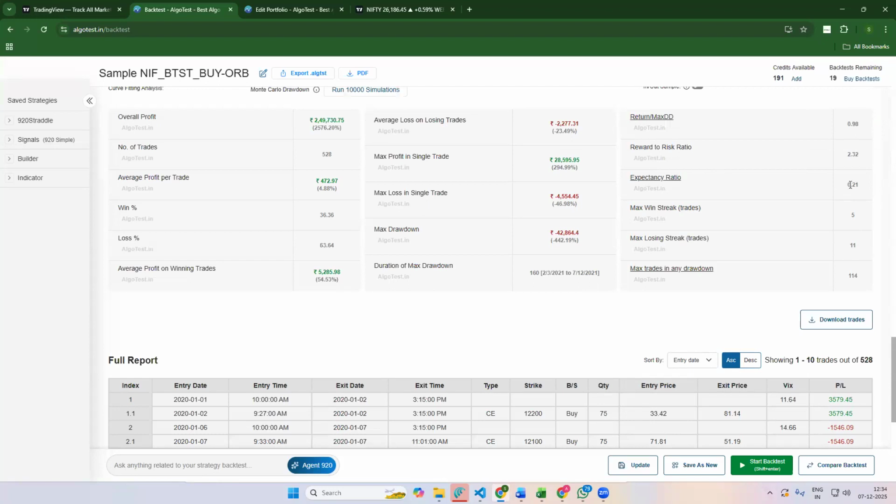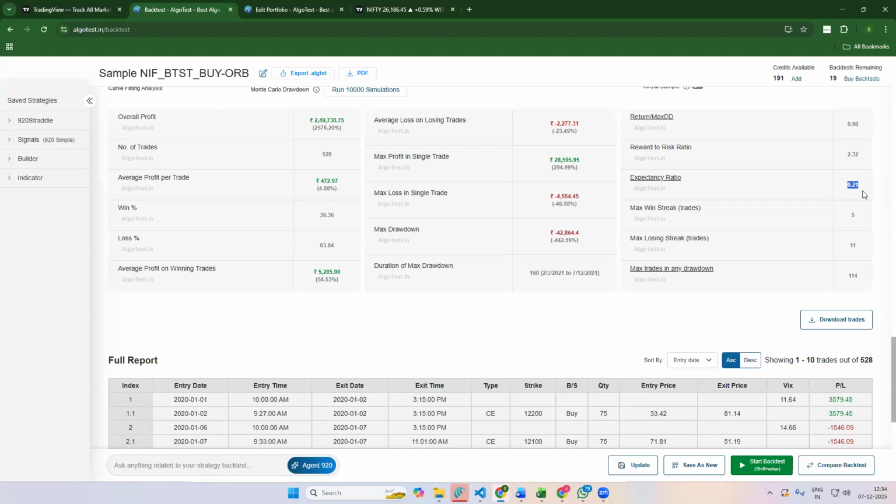What expectancy ratio tells me is the ratio of winning to losing. When I multiply my number of winning trades with the profit I have made per trade, divided by losing trades into the losses I have made in my losing trades, that will give me this expectancy ratio.